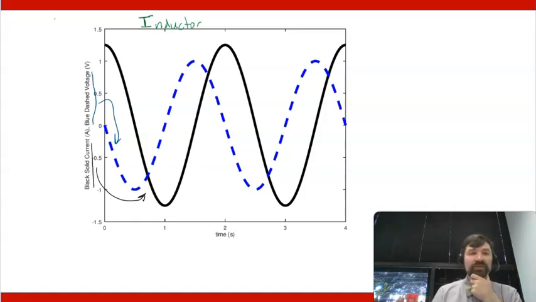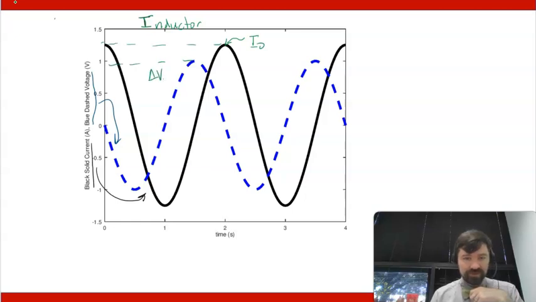Okay, the other thing to note is that we could look at the peak values. So this peak value would give me I naught if I were to come across like here. This peak value right here gives me delta VL max or delta VL naught.